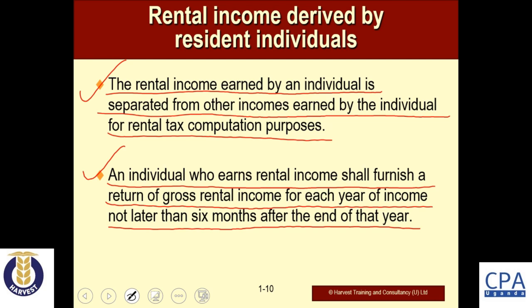So if the financial year ends on the 30th of June 2020, you are expected to furnish and pay your rental income tax by the 31st of December 2020. That is the duration given to you to organize your books of accounts and then determine your tax liability. And of course, this is going to be the gist of our discussion in this lecture.